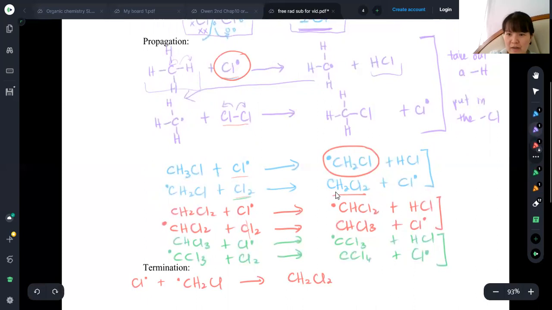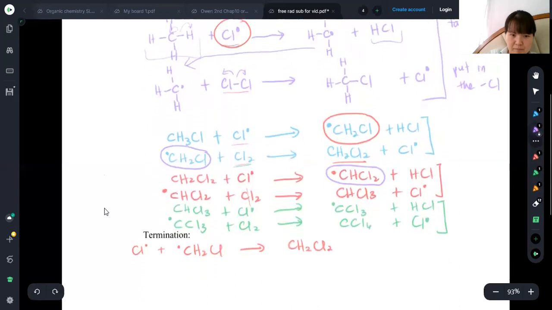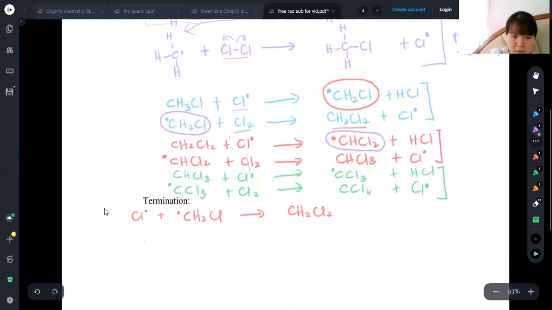Okay, or I can terminate it, say this one with this. It can also terminate that way. So copy that, CH2Cl dot plus a CHCl2 dot. Okay, let me display this a little bit. I'm going to put a dot here. So H, and Cl.